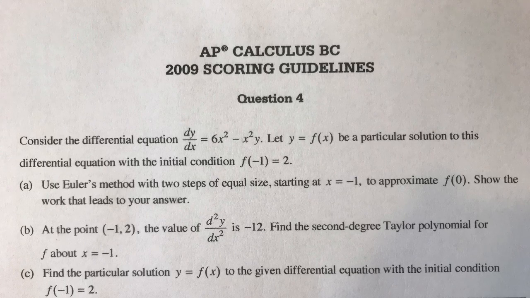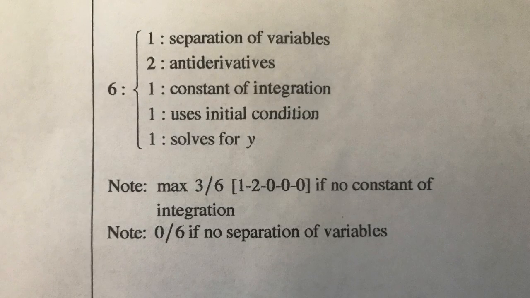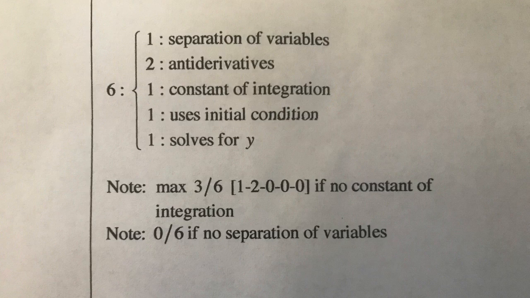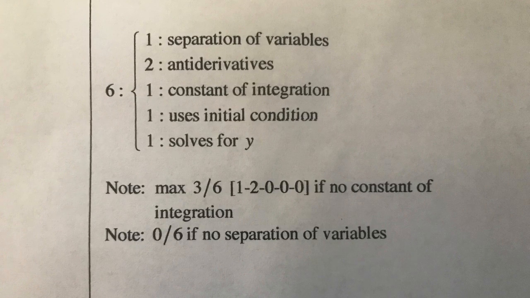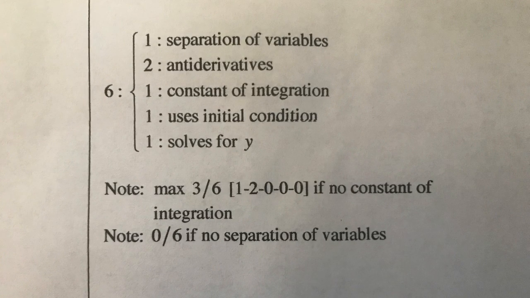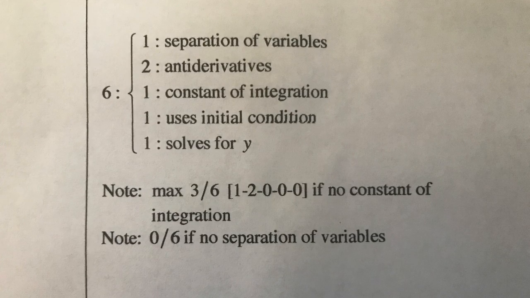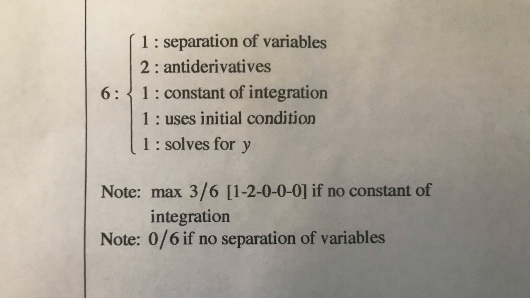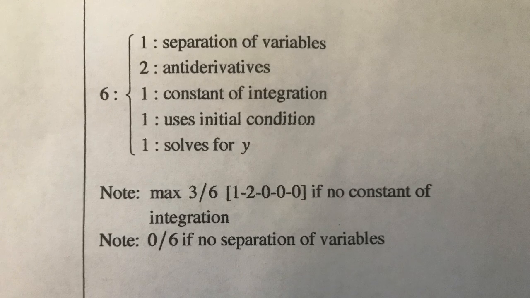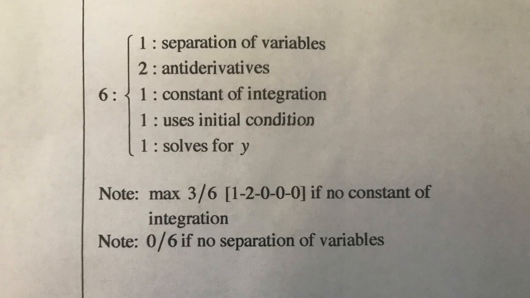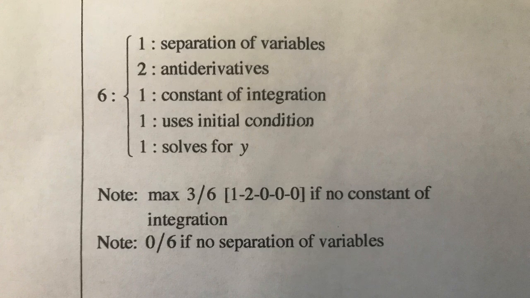So before I go over the answers to part C, I want to review the scoring guidelines, as this is a very meaty problem and it's important to understand where you can get points. So first off, the easiest point to get, separation of variables. Then you get 2 points for using the correct antiderivatives of y and x.